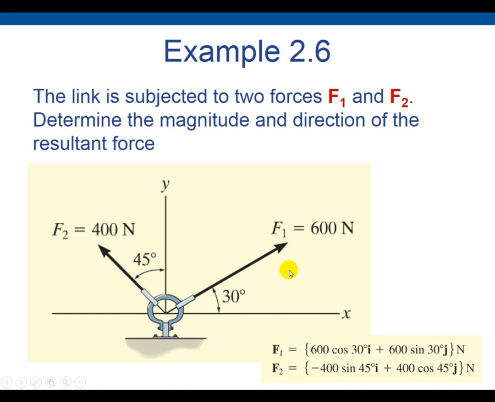For F1, the x component is 600 Newton times cosine 30 degree. So this is the x component of F1. How about the y component? 600 Newton times sine 30 degree. So this is the y component. For F2, you can see the x direction is negative x-axis. So minus 400 Newton times, you can see the 45 degree here.